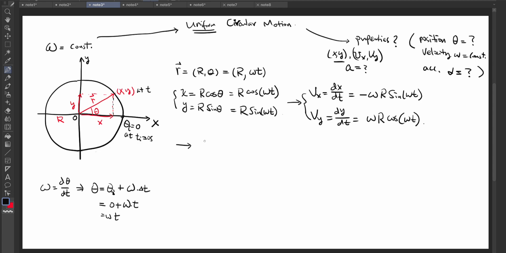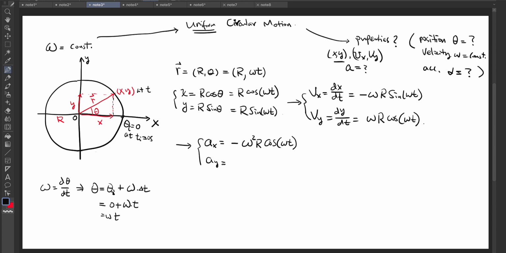Now we can do this further. Let's say I take the derivative further, and then I will get ax and ay. What's ax? Ax is given by this derivative here, and we turn the sine function into a cosine function again, and also bring out another omega factor. So it equals negative omega squared times r cosine omega t.